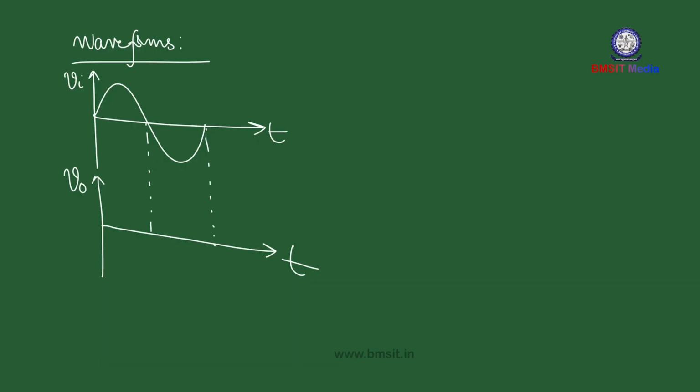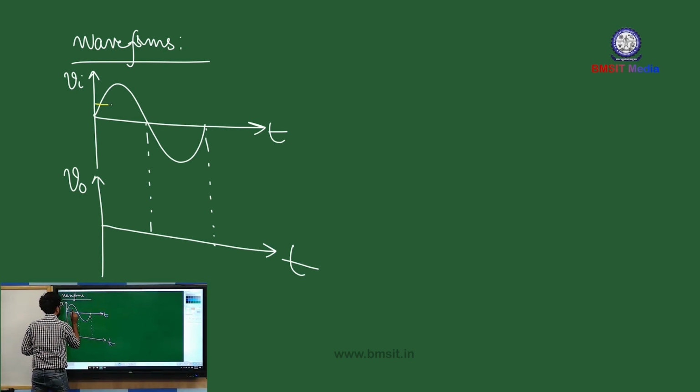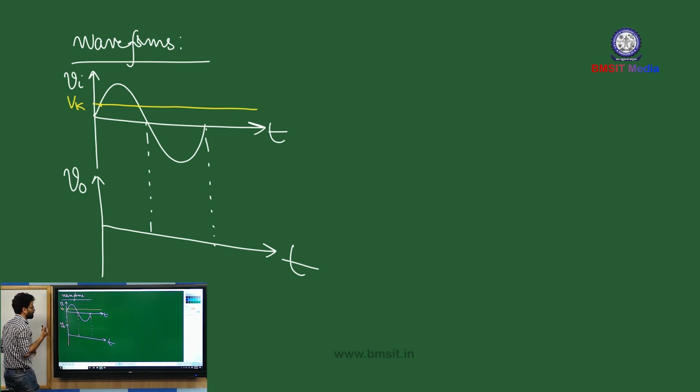Therefore, what we will do is we will mark the barrier potential level in the positive half cycle. Okay. So this is your Vk level. Okay. So this is your intersection point with the input waveform. So what you do is from those intersection points, you draw the projection line towards the output as well.